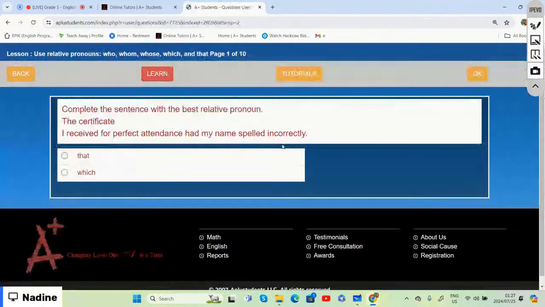We need to complete the sentence with the best relative pronoun. So we need to choose either between which or that. It says, the certificate.